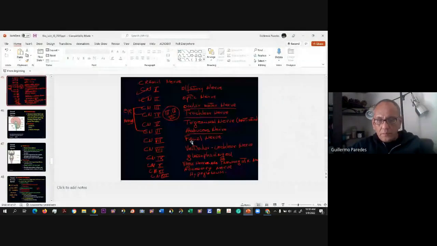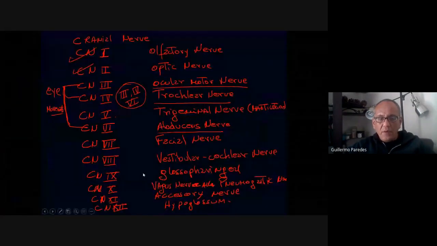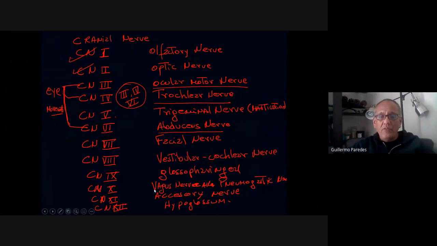Then we have number 9, the glossopharyngeal, which is swallowing. Can you swallow water? Swallow saliva. Vagus nerve, pneumogastric nerve: you open the mouth and they put a stick on the back and make you nauseous. So that is good, the vagus nerve is doing okay. Accessory nerve: you ask the patient to shrug the shoulders, and you put a force here with your hand to check the strength of both sides.